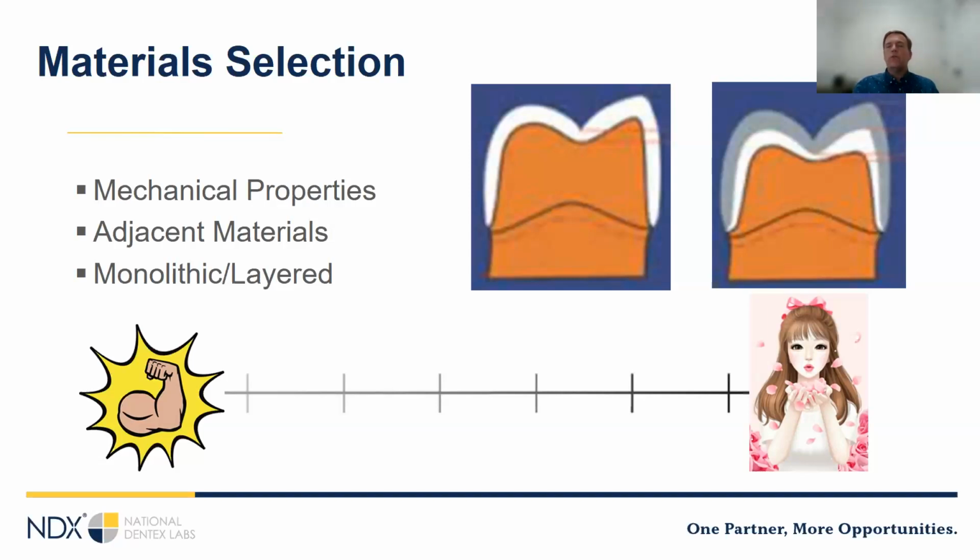With dental materials, there's usually a trade-off between strength and aesthetics. And we need to find the right blend for each restoration within a case, and each case's requirement is going to be different. One of the things that we can do early in our patient treatment conversations is to talk about this continuum, if you will, and say, if I have the option of making your teeth a little bit prettier where they might not last quite as long, or if I can make them really sturdy, what would you like?